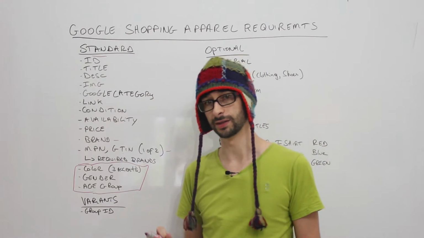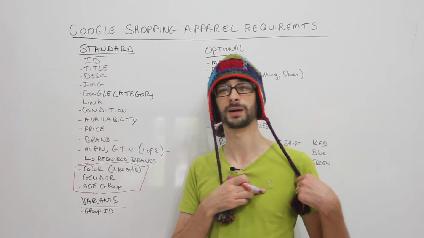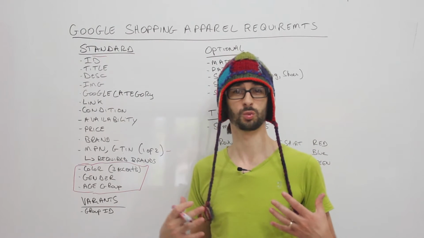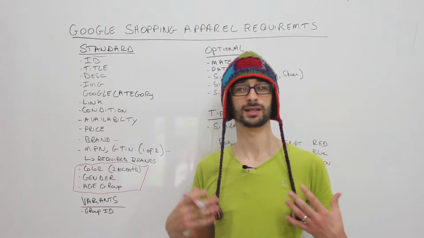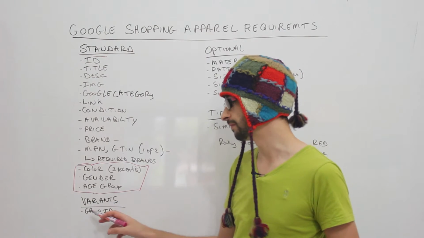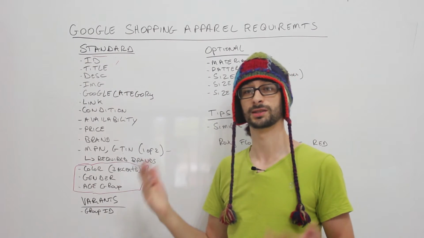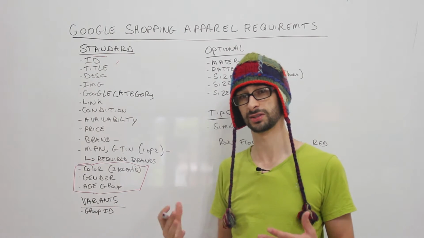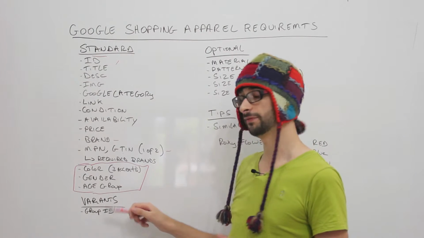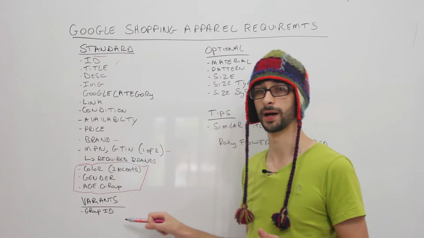If you have a variant, which means that, for example, this material, with a little smiley face there, is just one type of set. If you have that in blue and green and yellow and all sorts of different colors, then you have variants. So you cannot submit that as a standard product, because Google considers these products as being very similar. If they are very similar, you have to submit them as a variant and add a group ID.